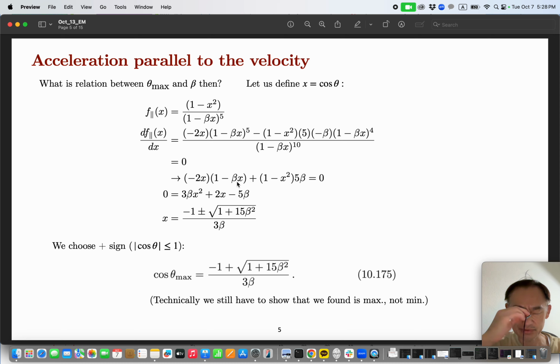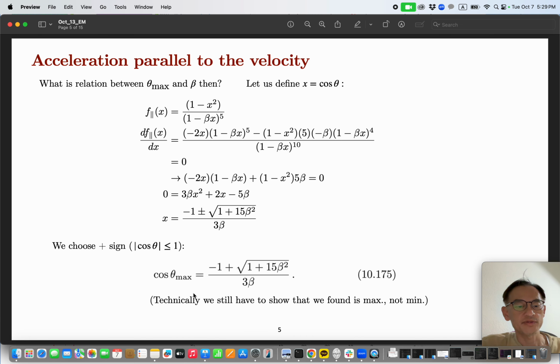So you can use the root formula that you must have memorized many times in high school. This is what I get. And x is bounded to be equal to or less than unity, so we choose the plus sign. That's the relationship between beta and theta max for the maximum power.